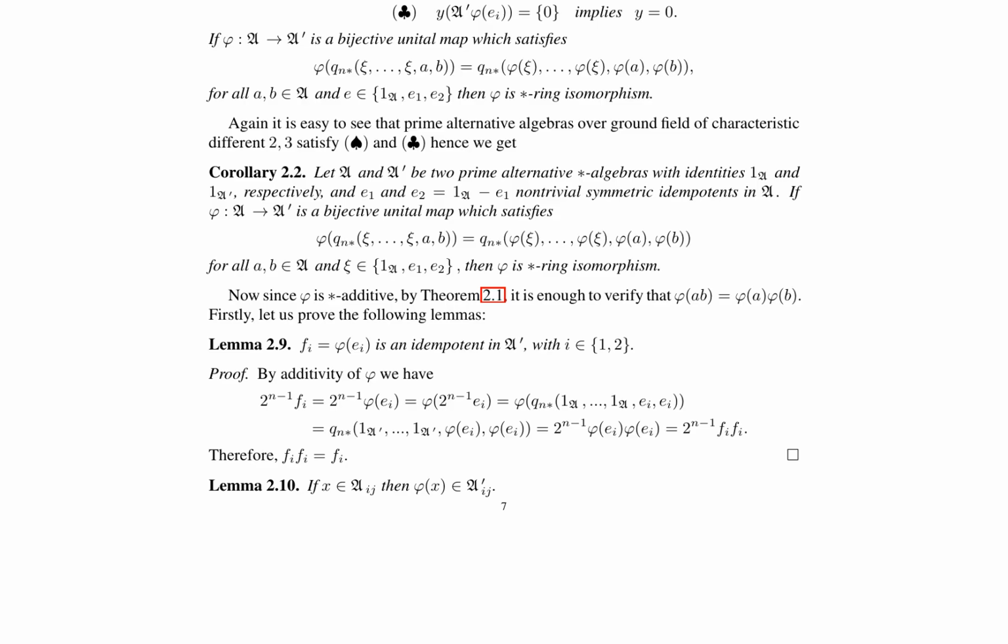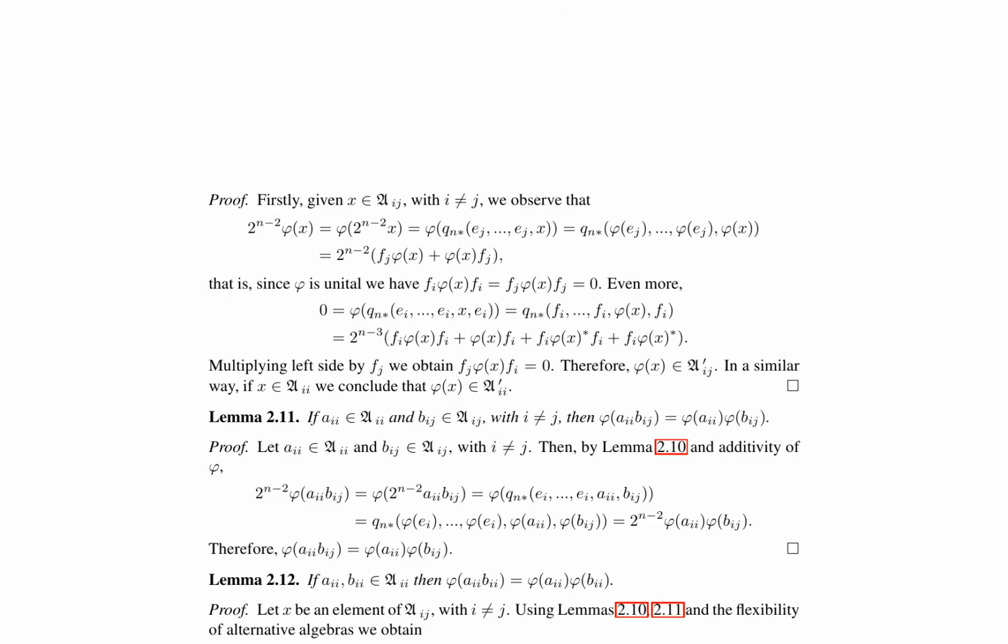This includes the preservation of the * operation, which is essential for maintaining the algebraic properties of the original algebra. The lemmas presented on page 8 establish the properties of the homomorphism phi between alternative algebras. Specifically, lemma 2.10 proves that for x element of I, with I does not equal j, phi x is an element of I, utilizing the definition of phi and the flexibility property of alternative algebras.